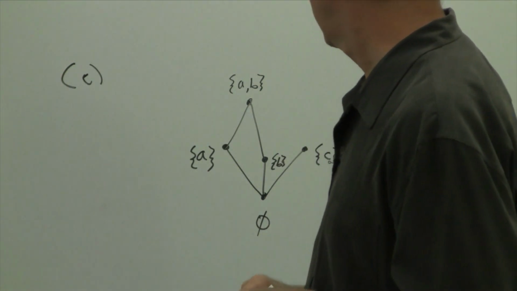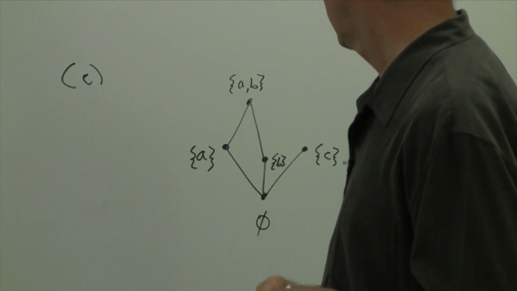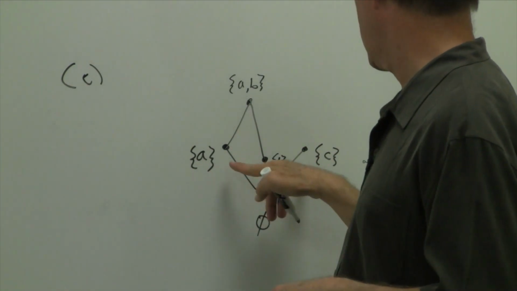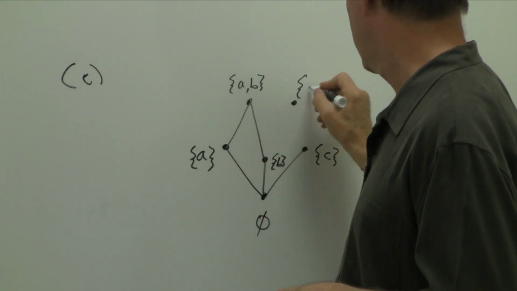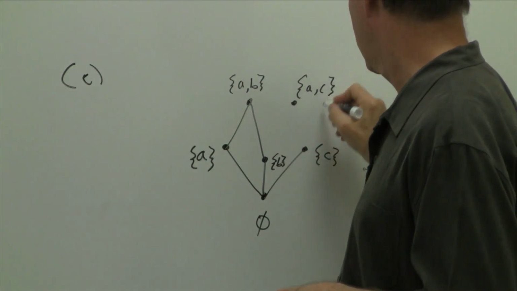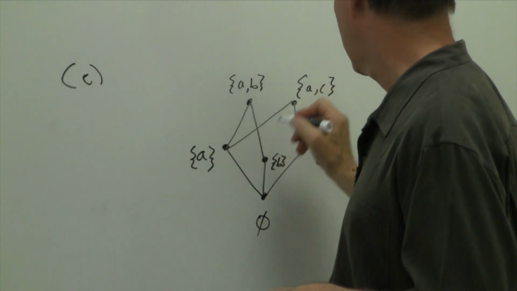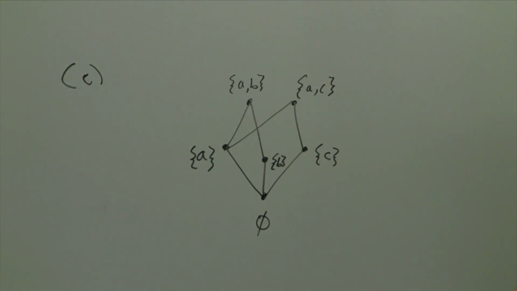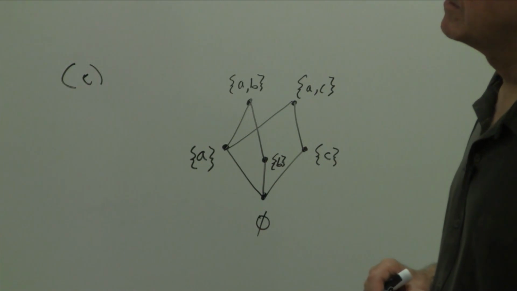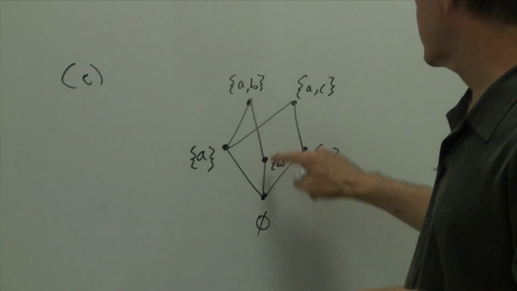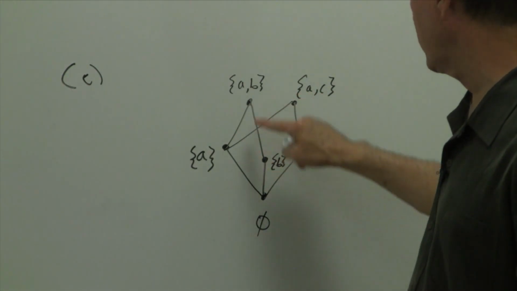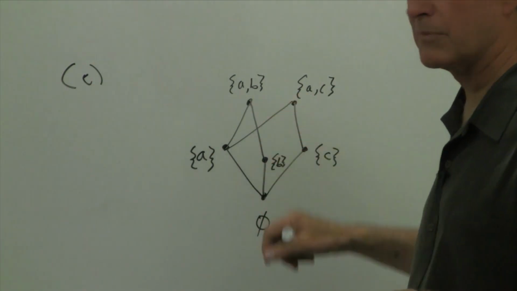A, C. And so A and C. Like that. Yep. Is that it? That's what I got. And even though the empty set is a subset of AB, we don't have a line from AB because in the Hasse diagram it goes from there to there.